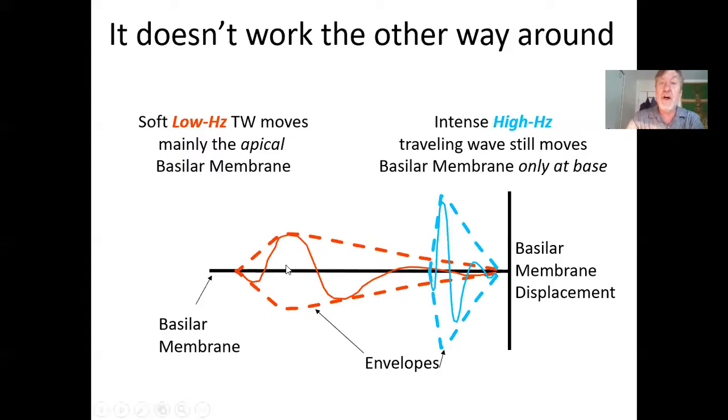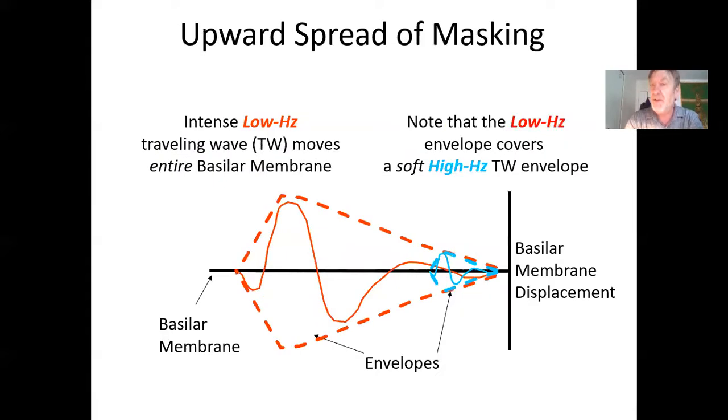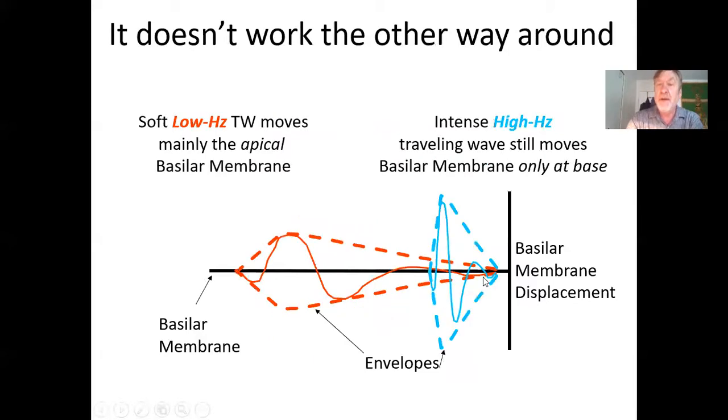If the truck is softly rumbling across the street, creating a small traveling wave near the apex of the cochlea, the canary can scream and screech all at once, and its louder and louder peep will make a bigger and bigger traveling wave, but it's not going to cover the rumbling of a truck. That's why we call it the upward spread of masking. Lows on the left mask highs better than highs on the right mask lows.